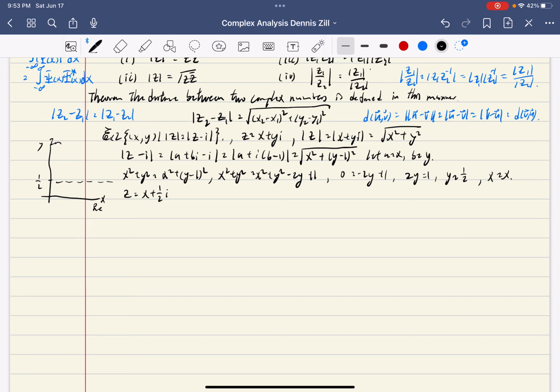Theorem: the triangle identity in the complex plane is defined in the following manner.